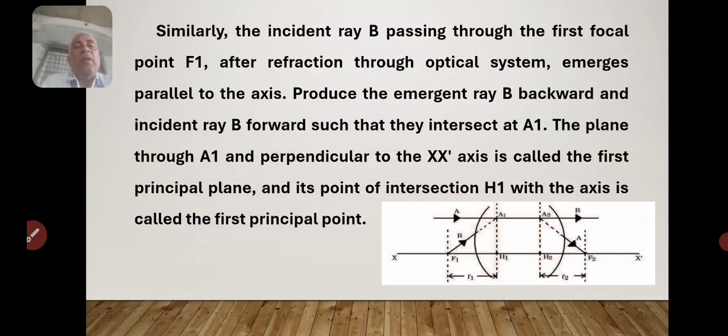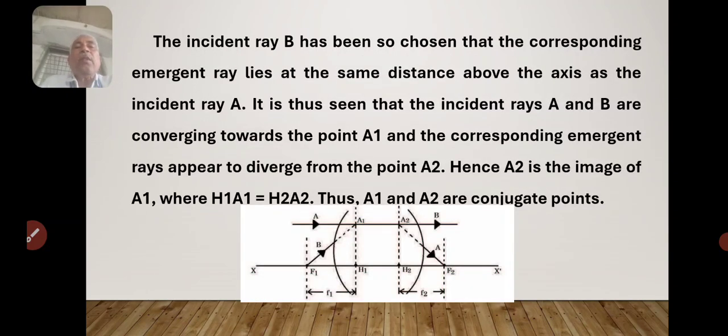The plane through A1 and perpendicular to the axis XX' is called the first principal plane, and its point of intersection H1 with the axis is called the first principal point. The incident ray B has been so chosen that the corresponding emergent ray lies at the same distance above the axis as the incident ray A.